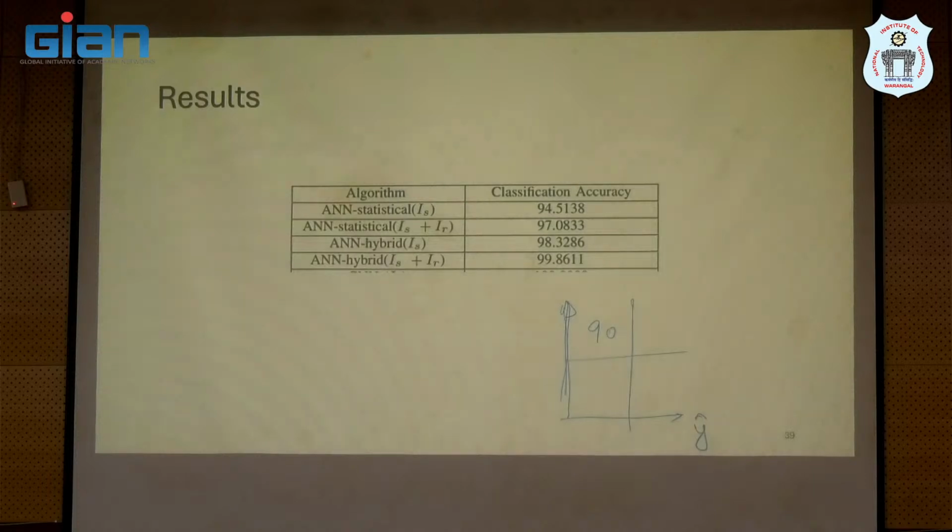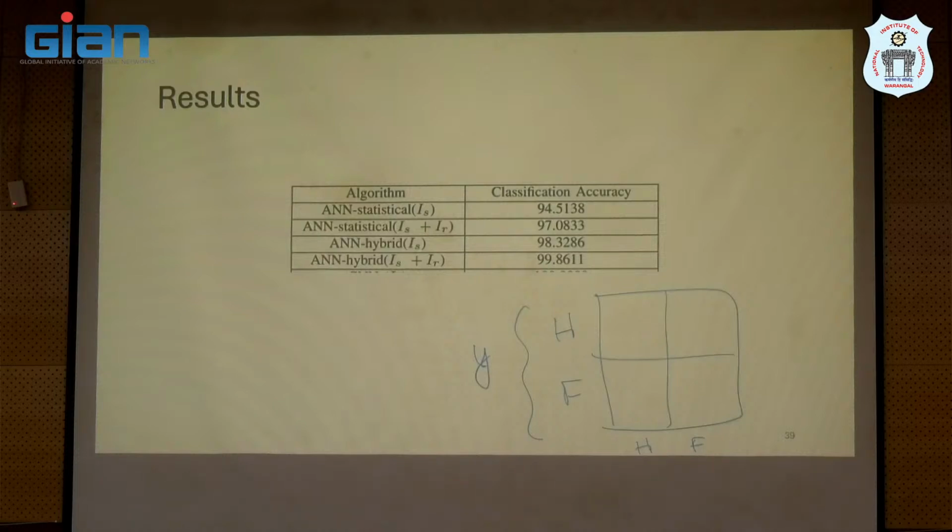I will draw a sample confusion matrix for you. Let us say this is healthy, this is faulty. This is the actual ground truth. And here I have my prediction of healthy and faulty. The X-axis is the prediction.